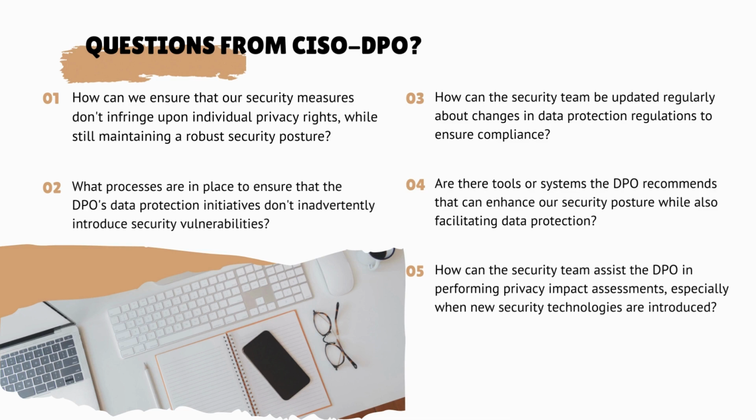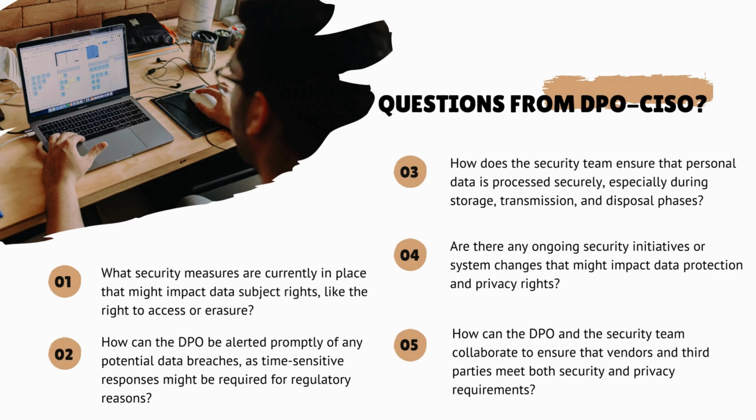Right? Let's move on to the questions that may be asked from a DPO perspective to a CISO. Question number one: what security measures are currently in place that might impact the data subject rights, like the right to access or erasure? The second question is, how can the DPO be alerted promptly of any potential data breaches, as time sensitive responses might be required for regulatory responses? Right.